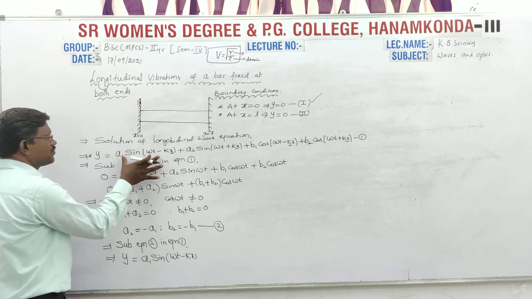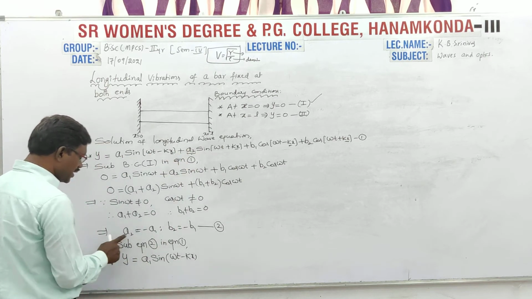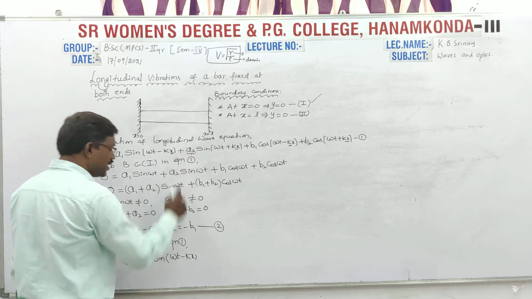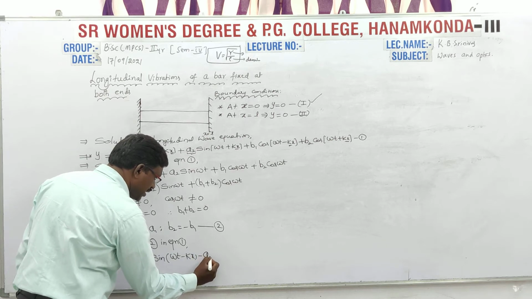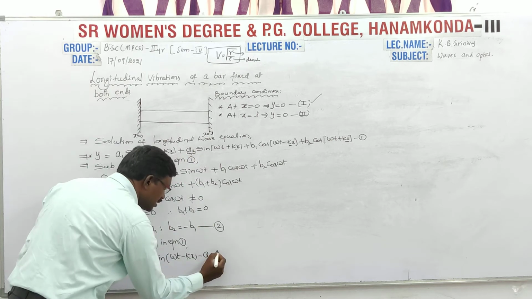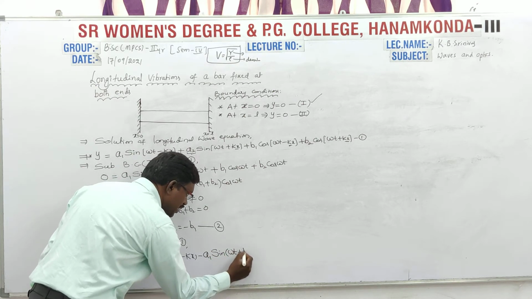I have written this first term as it is. Coming to the a2 value, where a2 is equal to how much? Minus a1. Simply here I am replacing a2 by minus a1, sin of omega t plus kx.